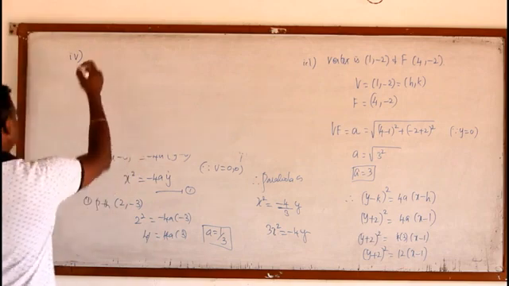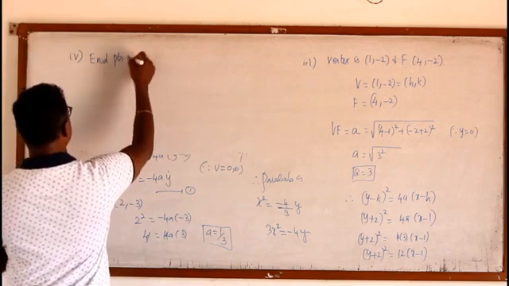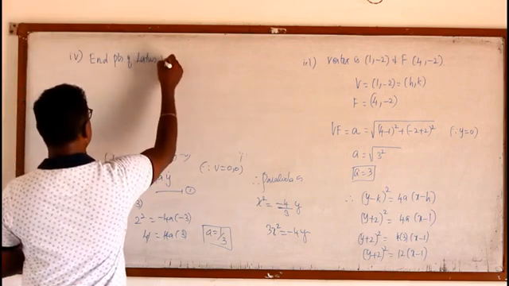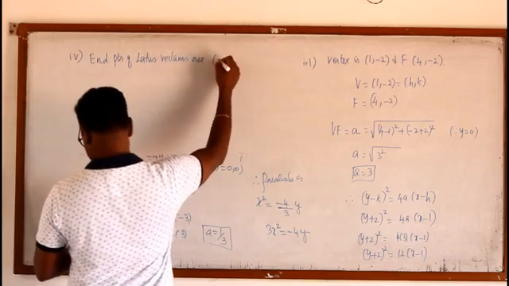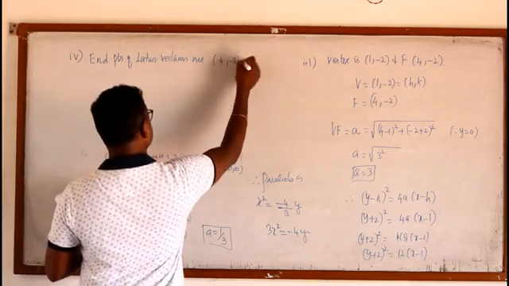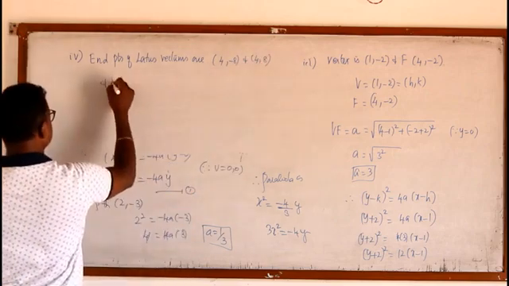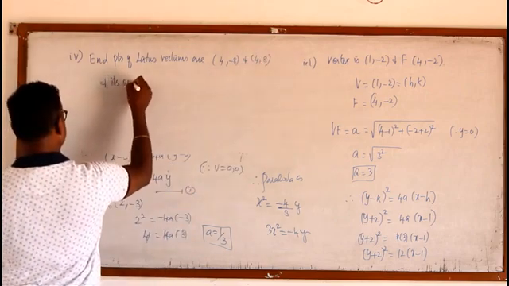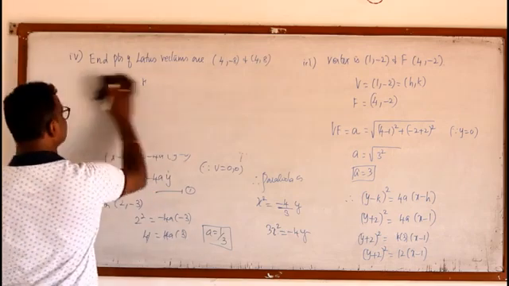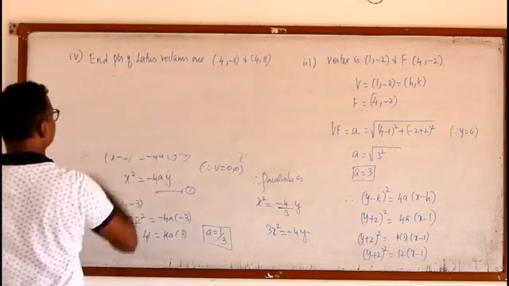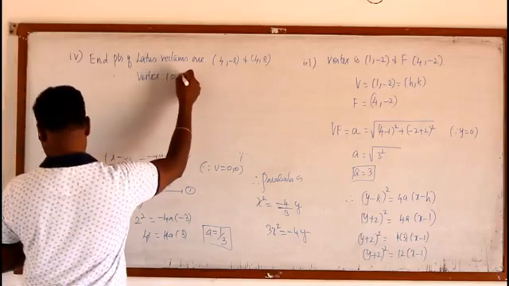Now the fourth one. Endpoints of the latus rectum are (4, -8) and (4, 8), and it is open rightward. Sorry. The vertex is (0, 0), we have to find out about the nature.